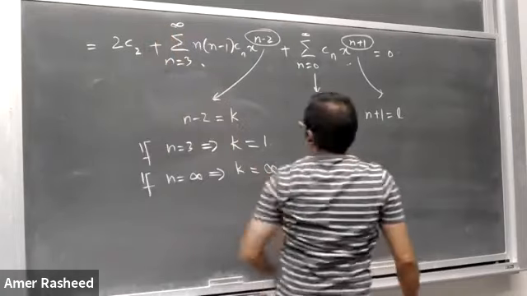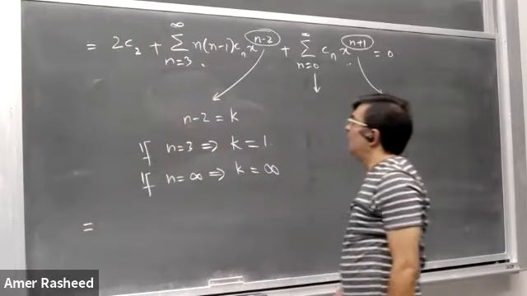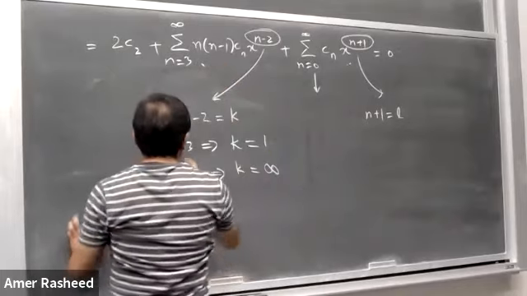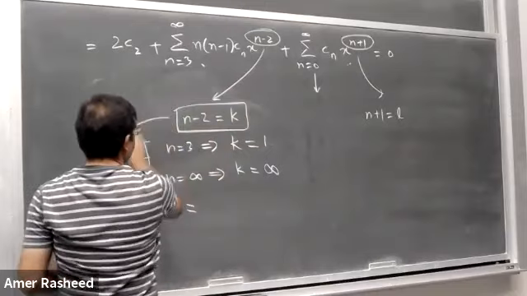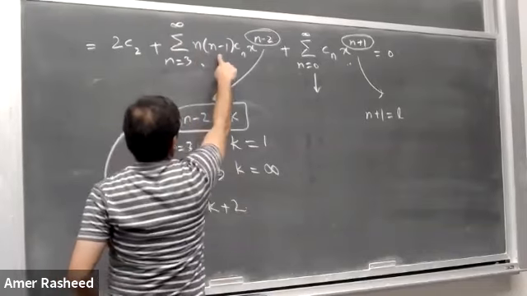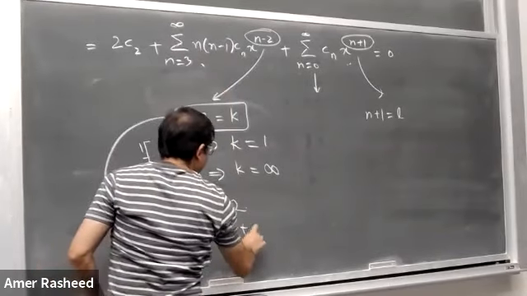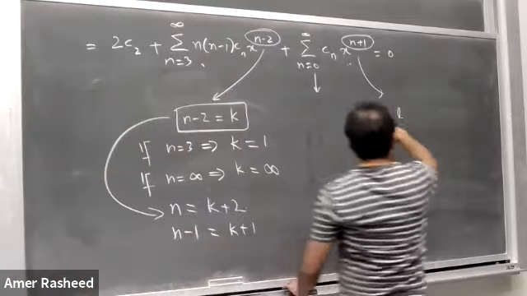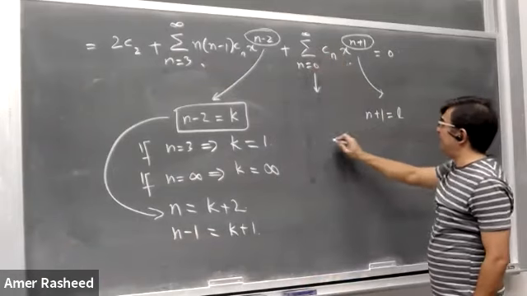Now, from this substitution, what is the value of n? n is k plus 2. And n minus 1 will be k plus 1. Now, using this substitution, we change the values of the index for the other series.